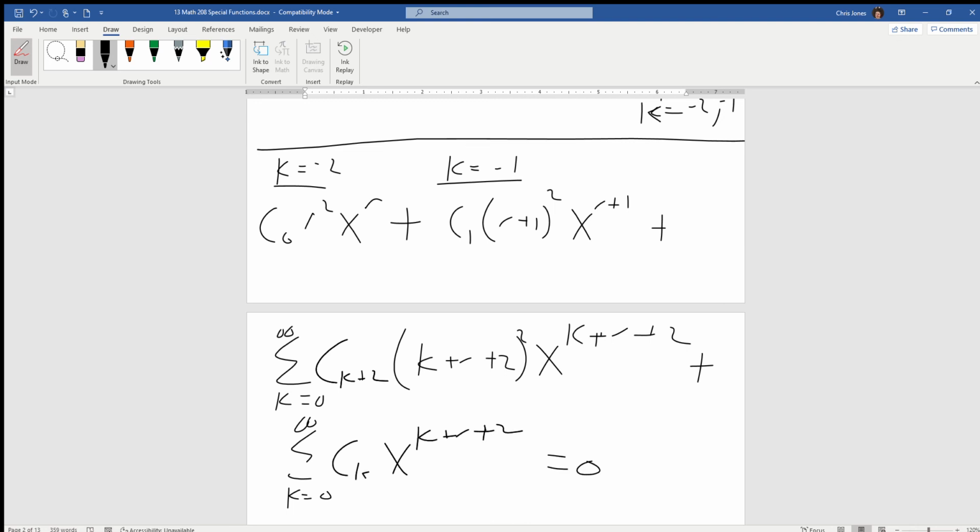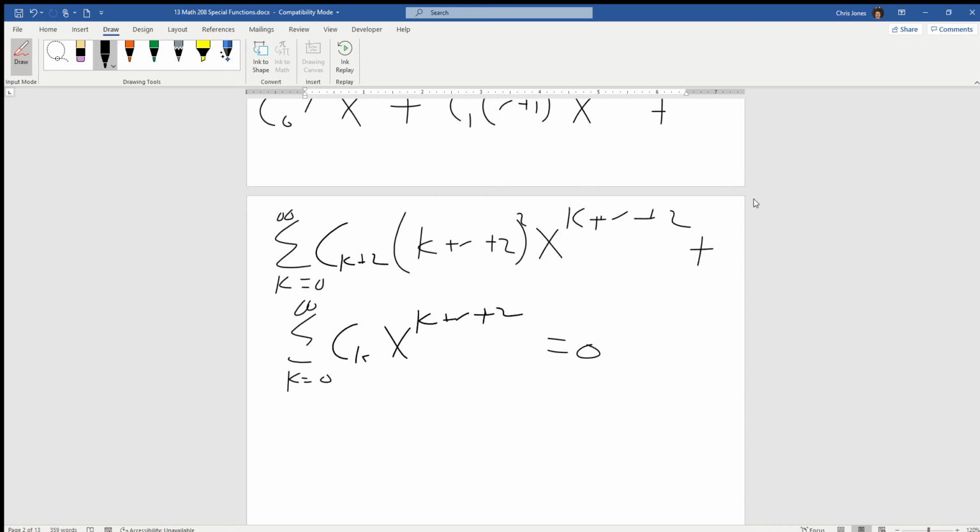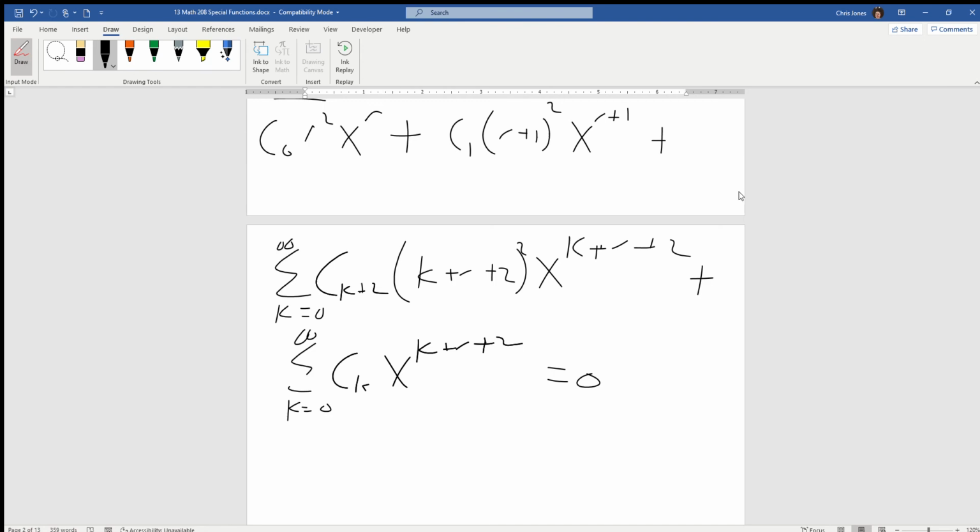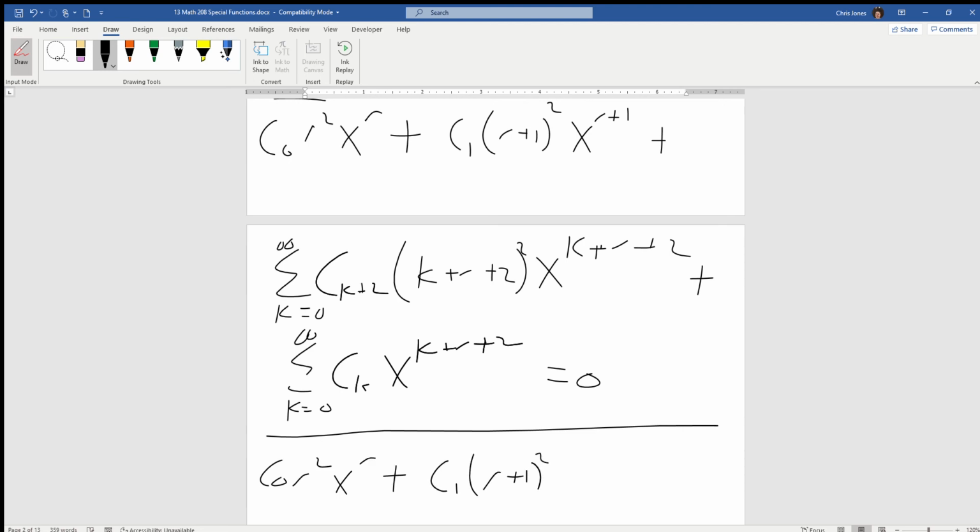And now we finally get some good news because now we can factor the series out from the 2 that we have. We can also factor the x to the k plus r plus 2 power. So by simplifying one last time, we're going to get c naught r squared x to the r plus c1 (r plus 1) squared x to the r plus 1.